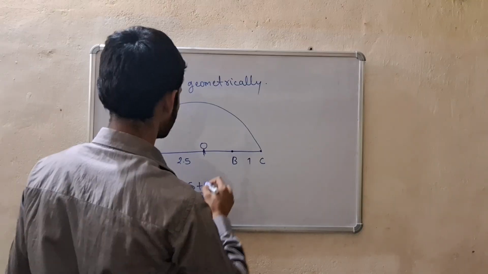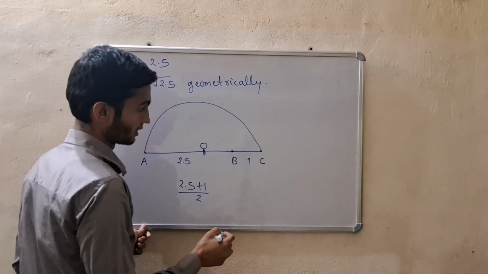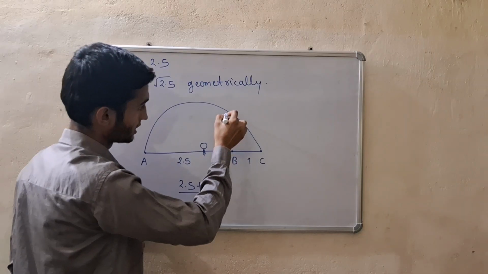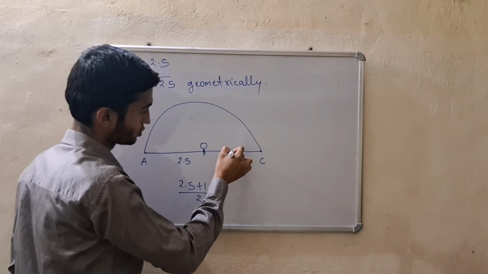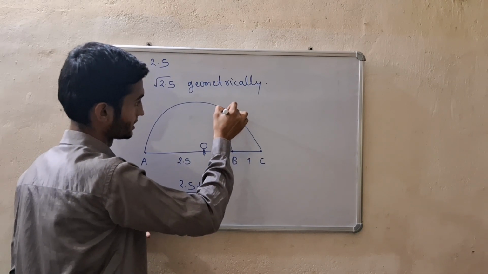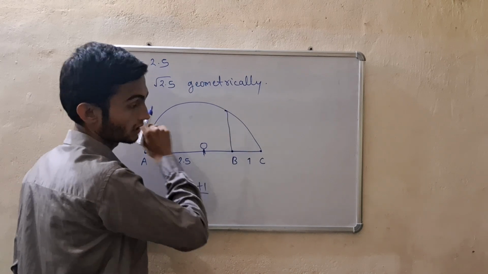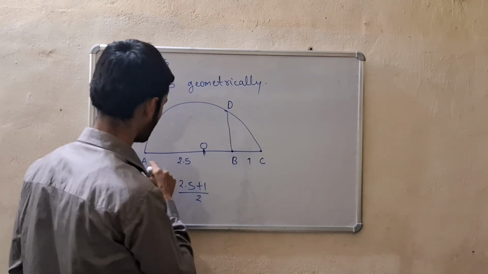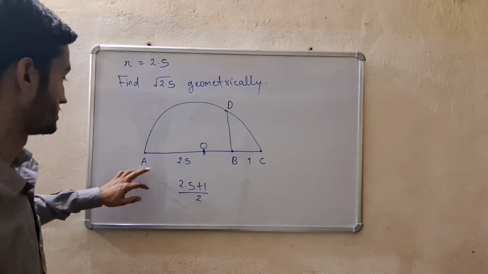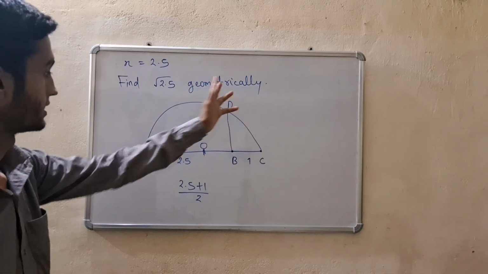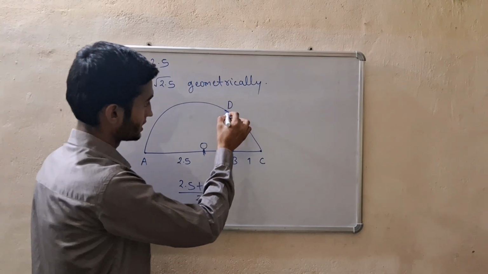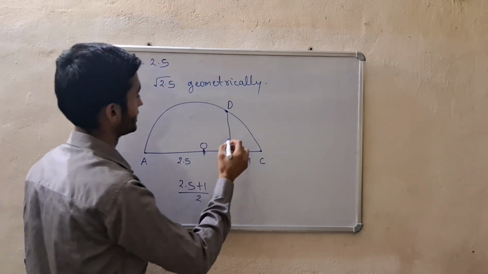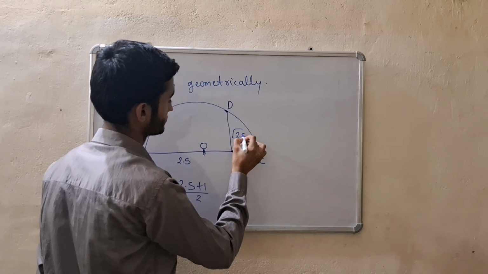Then we draw a perpendicular to AC which goes through B, and intersects this semicircle at, say, D. We have used these alphabets A, B, C, and D. Now this length BD represents the square root of 2.5.